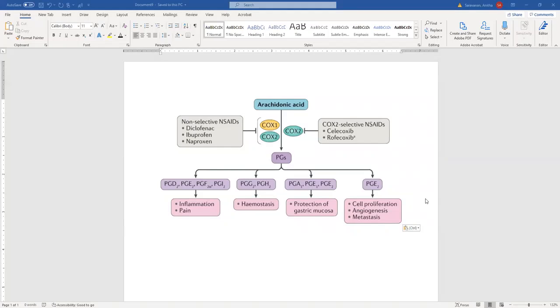So if we think of our body in terms of the foods that we eat, particularly fats, if you think of lipids, right? So arachidonic acid, it's a type of saturated fatty acid, which is needed for us for various things.